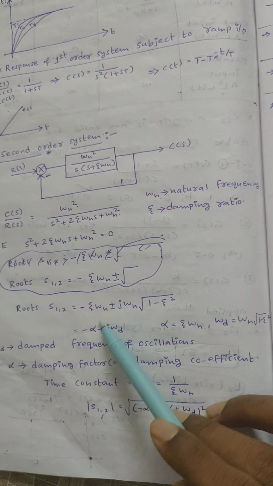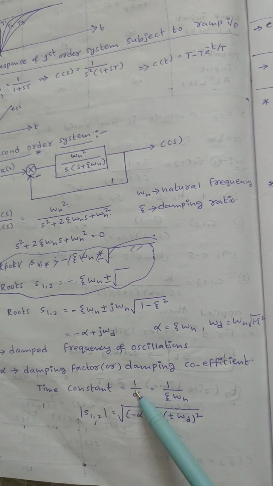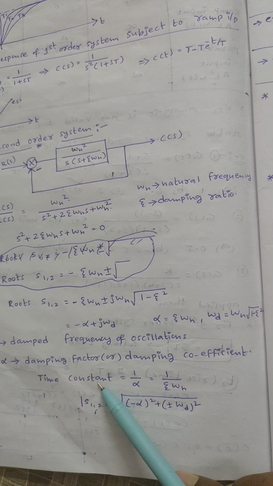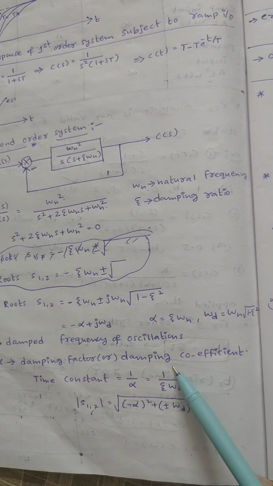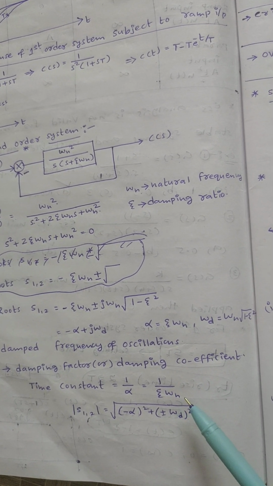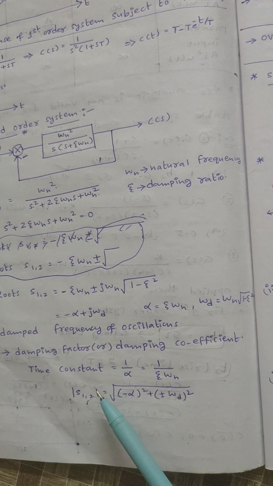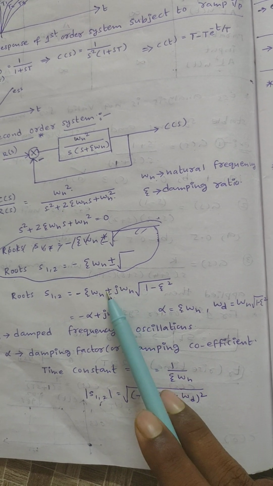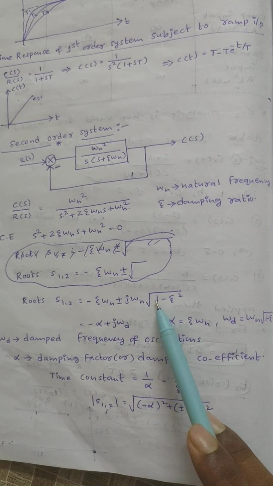From this, 1 by alpha is nothing but the time constant. The time constant is equal to 1 by alpha, that is 1 by zeta into omega n. Already we know these are the roots of the characteristic equation.